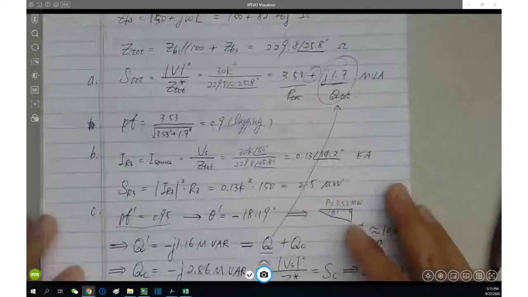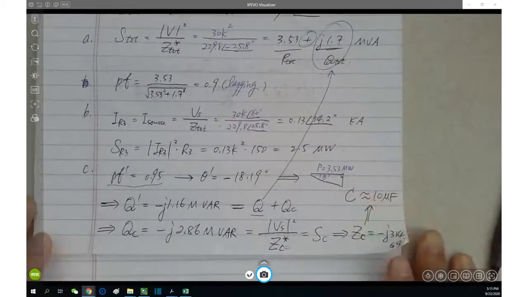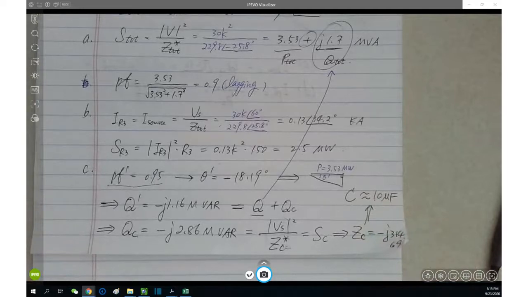That would be 1C, applying the capacitor. Yeah, here we go. What about it? I didn't get the same result. I ended up getting like 50 millifarads or something instead of 10 microfarads. You're saying you end up with exactly the same reactive power here?